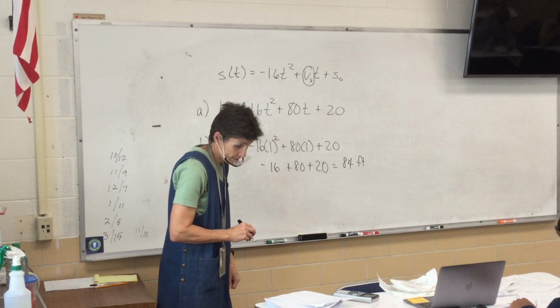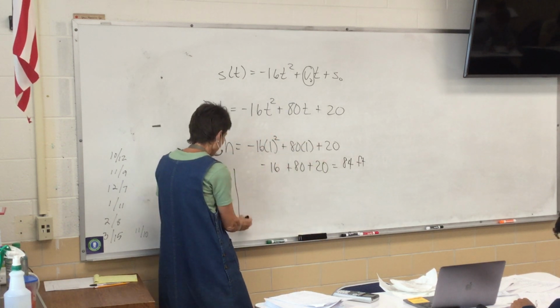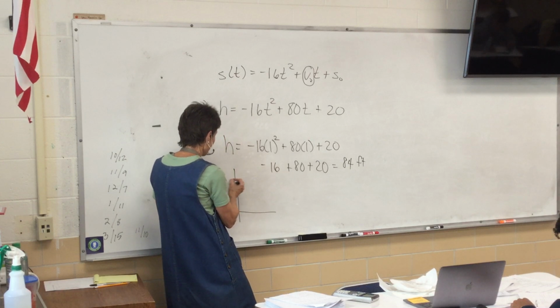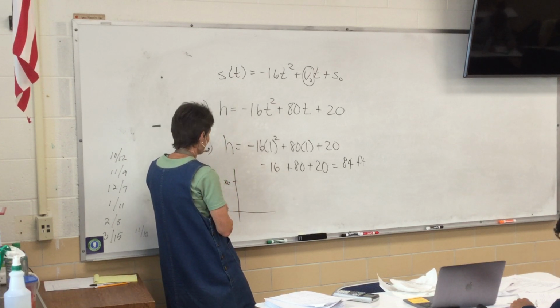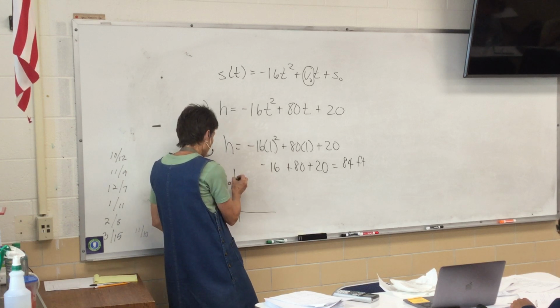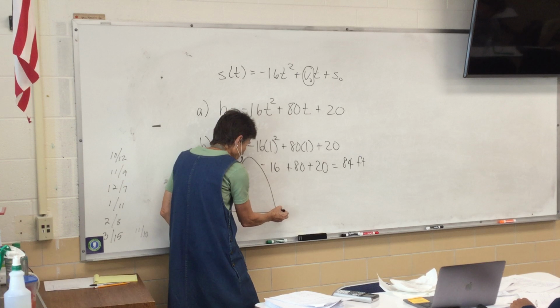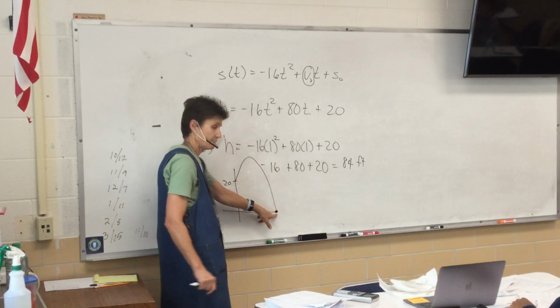And then problem C. When is the ball on the ground? Now remember, here's the building, 20 feet tall. You're throwing the ball up into the air, and this is what you want to know, right? Right there, that's what you want to know.